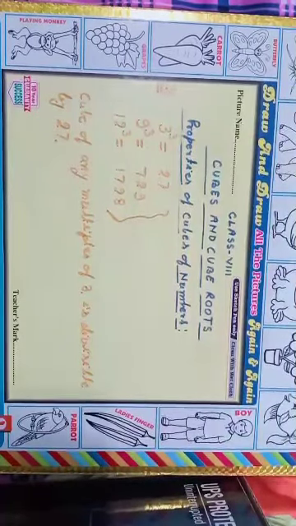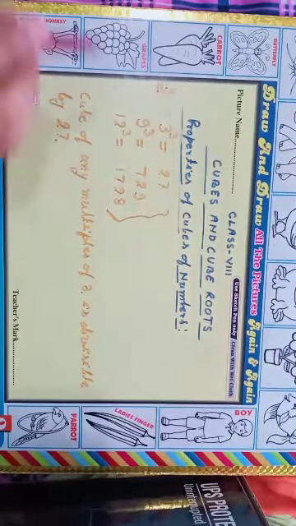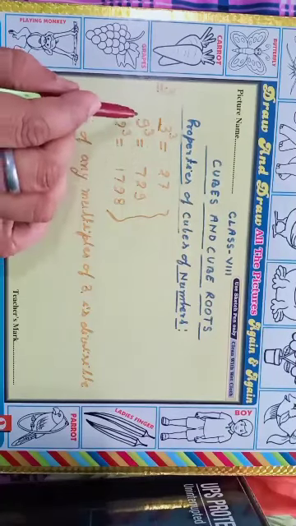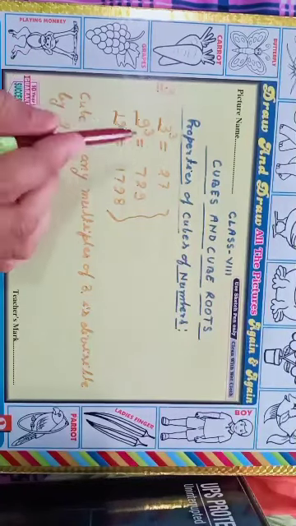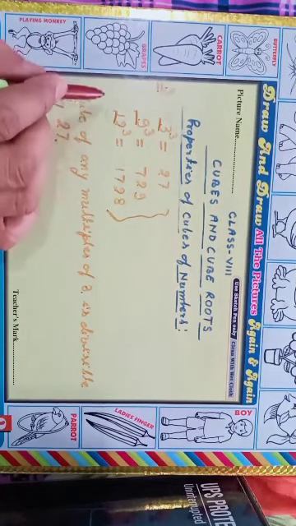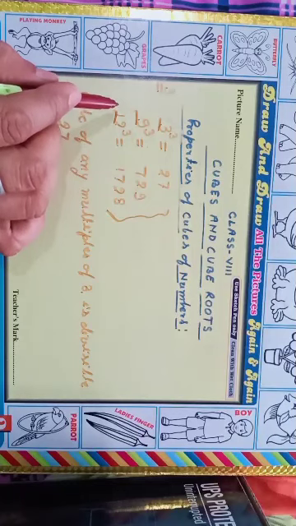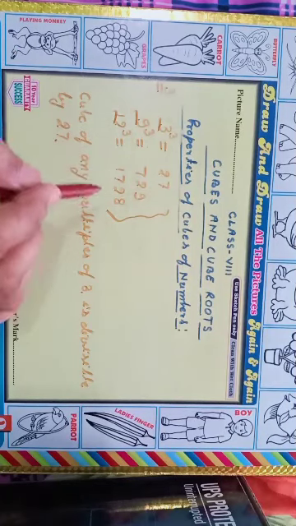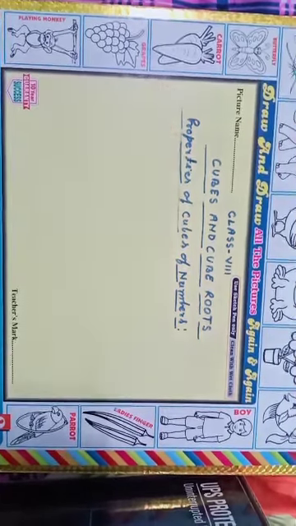The third property is that for any multiple of 3, such as 3, 9, 12, 15, the cube of these numbers is also divisible by 27.